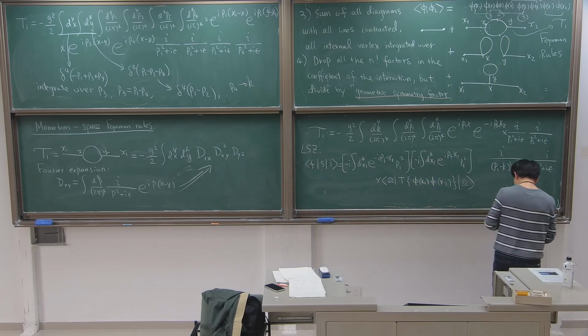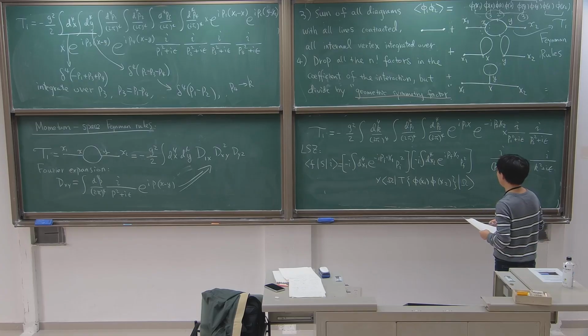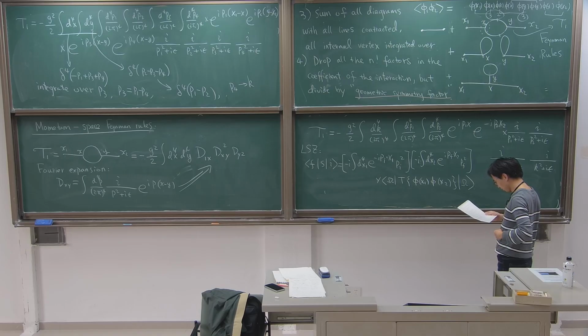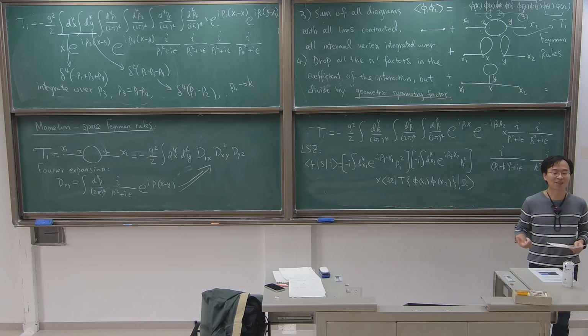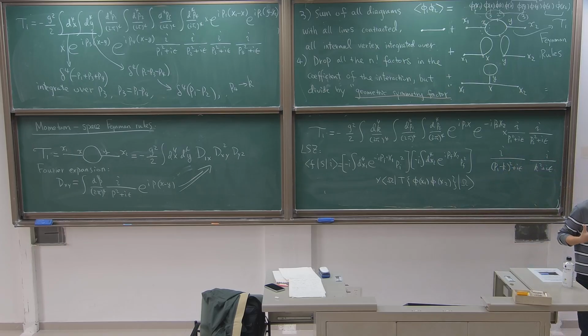But you should notice that pi and pf are what we choose. It's not something you should keep in mind clearly. Pi and pf are what we choose to set up the scattering experiment. They are the parameters we choose.